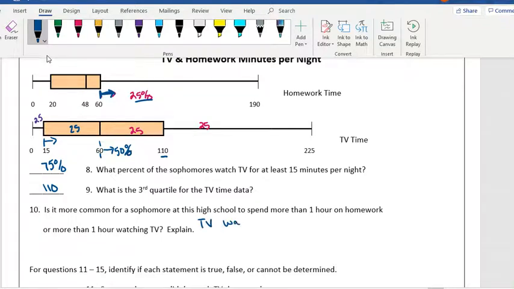TV watchers were an hour or more, or 50% of the TV watchers were an hour or more. 50% of the time.